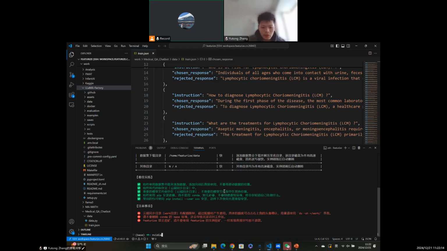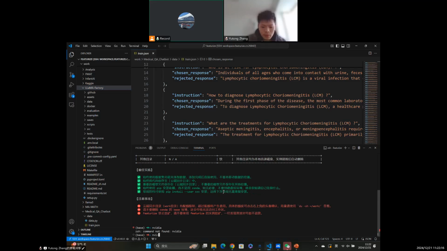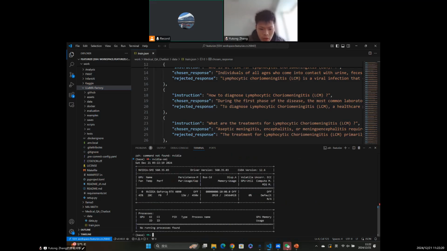Here I only have a 4090 GPU, and I will be able to train a 7 billion parameter model, which cannot be achieved using other approaches.